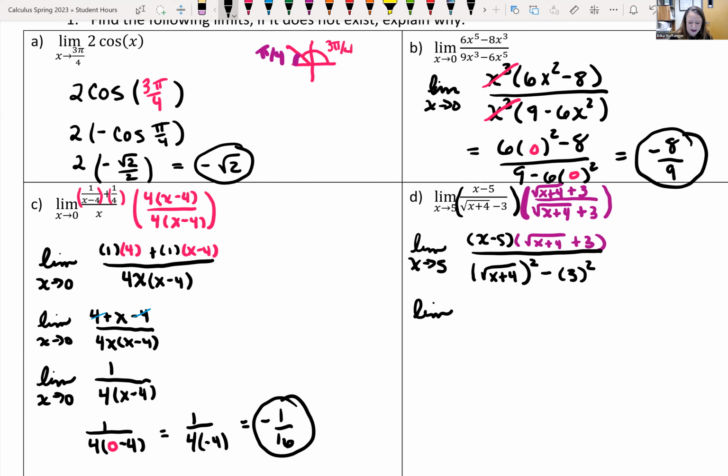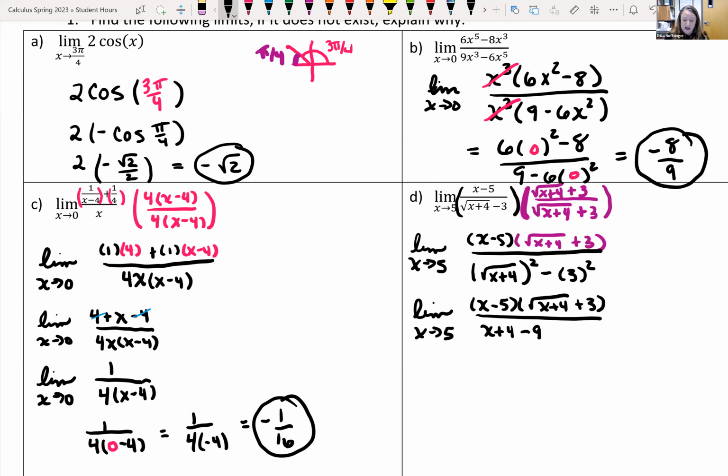So let's simplify our denominator, rewriting our numerator, bringing down the limit. So I have the limit as x goes to 5 of x minus 5 all times the square root of x plus 4 plus 3 outside the radical. And this is all over, well, squaring a square root cancels the radical, leaving us what is underneath the radical, which is called the radicand, in this case, x plus 4, minus 3 quantity squared. 3 squared is 9.